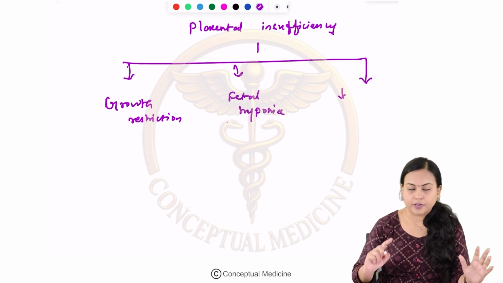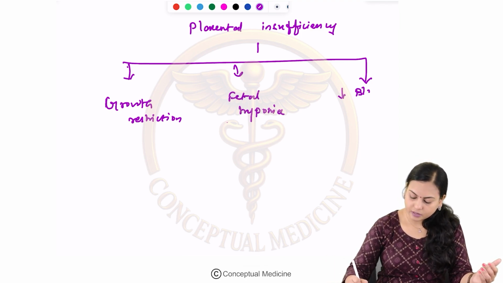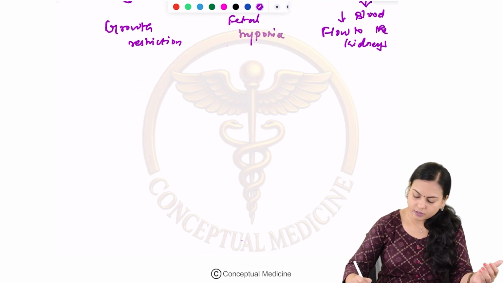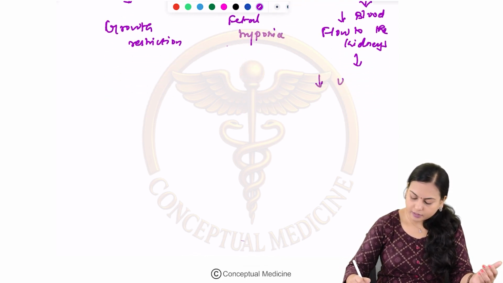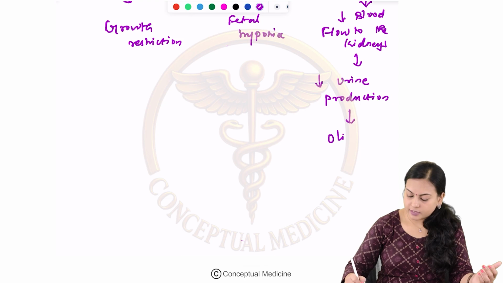Because of the reduced blood flow to the organs, there is reduced blood flow to the kidneys as well. That is going to result in reduced urine production by the fetus. That will result in oligohydramnios.